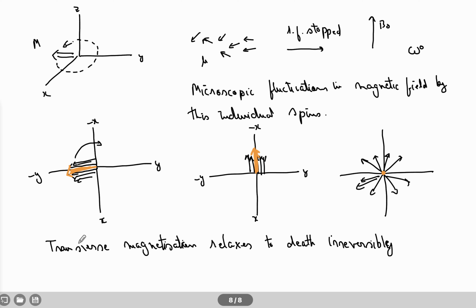So transverse relaxation or decoherence, both of them are the same thing, and in this situation there is no change in population. If only transverse relaxation is happening, the population of alpha is still the same as the population of beta, because we have not yet talked about longitudinal magnetization. So this is just decoherence.